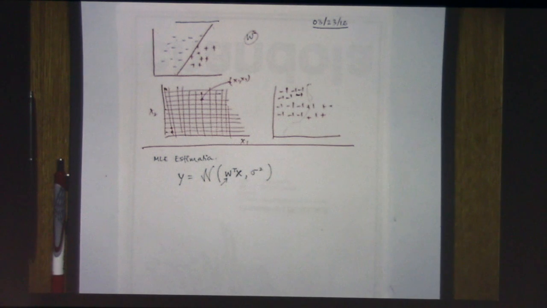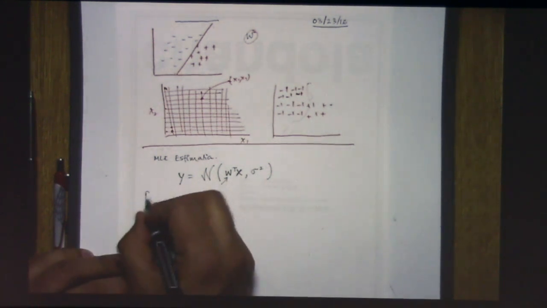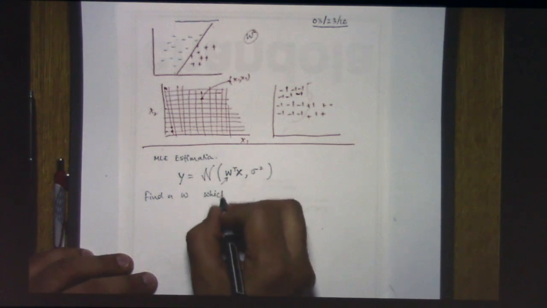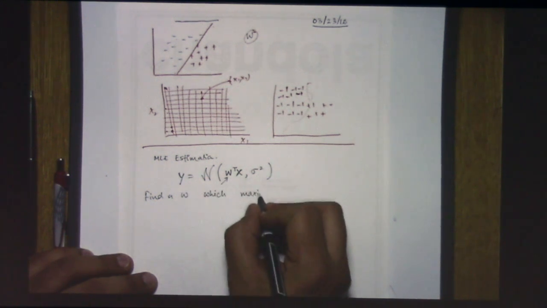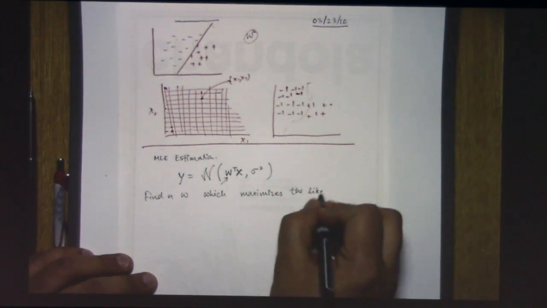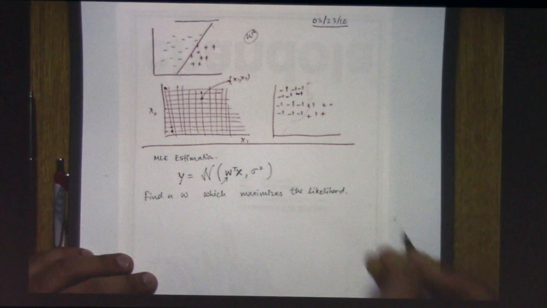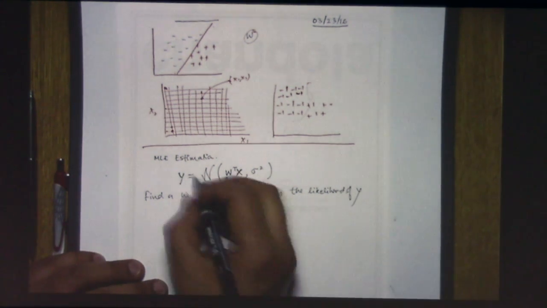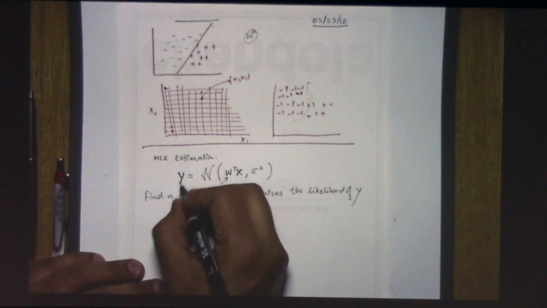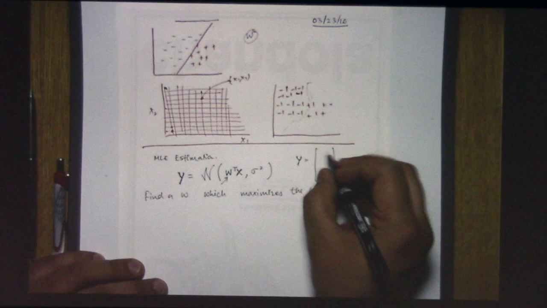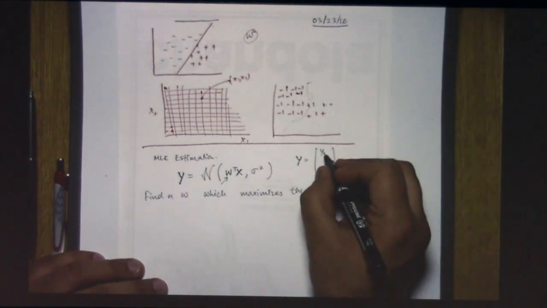The way to do it is to find a w which maximizes the likelihood of y, because that's how the maximum likelihood estimate works, right? So what is the likelihood of y? y is a vector here, which is basically all the training labels or training target values arranged.